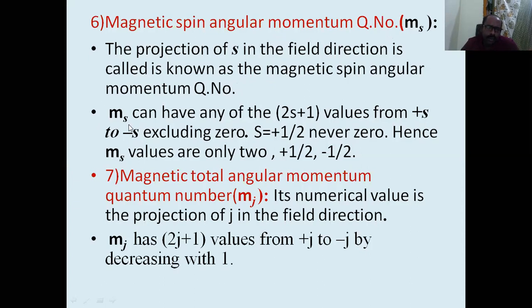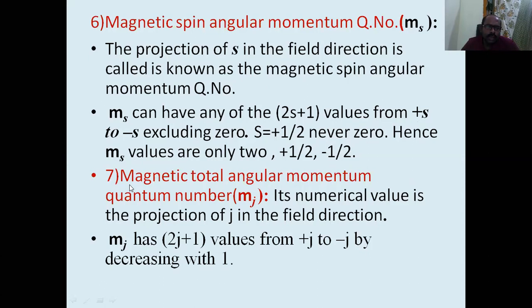Similarly in case of ml, ml can have any of the 2l plus 1 values from plus l to minus l. But in case of single electron systems, s is plus half only. If it is half, and it is never zero, hence the ms values are only plus half and minus half. So there are possibilities for two values only for ms.